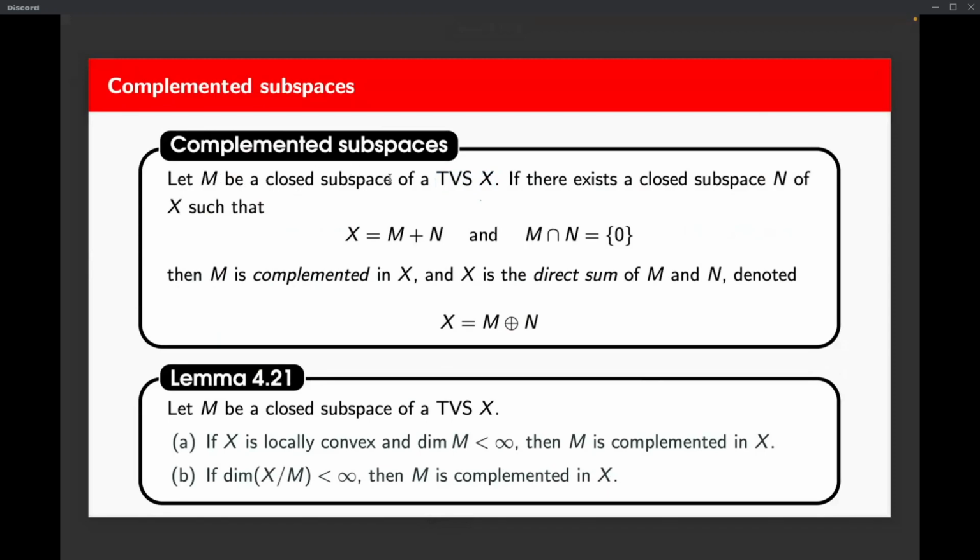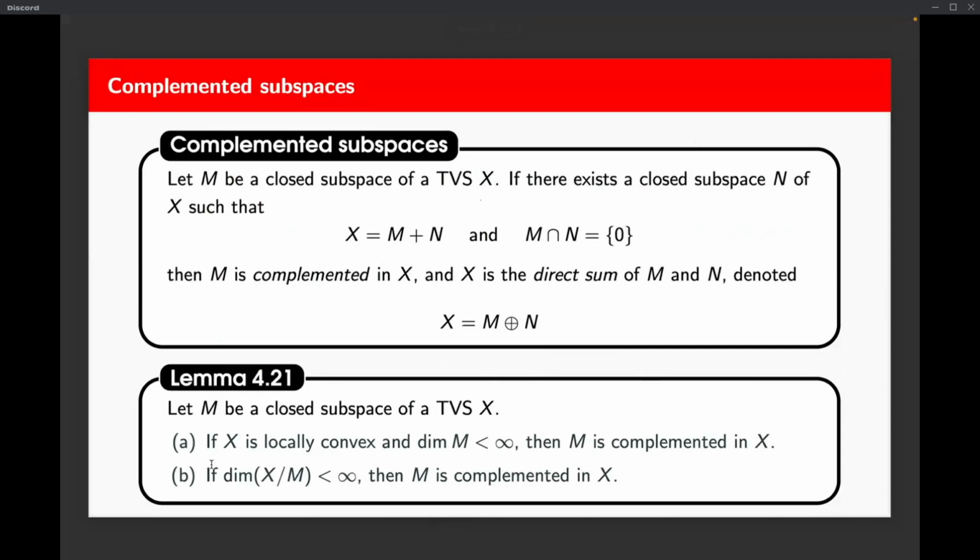So if M is a closed subspace of X, and there's another closed subspace N of X, such that X is their sum and their intersection is trivial, then in the usual way we say X is a direct sum of M and N. And we say that M is complemented in X. It's complemented by N, and the usual notation is M ⊕ N. And we have a couple of theorems for when things are complemented.